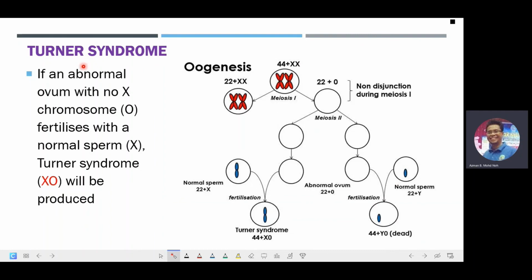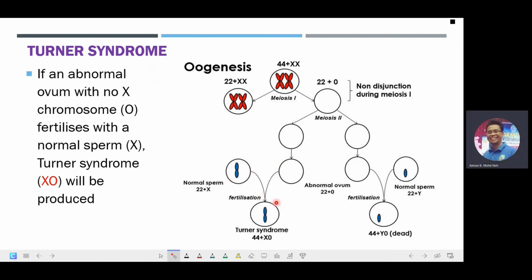Another case of aneuploidy which occurs on the sex chromosome is Turner syndrome. This occurs if non-disjunction occurs and an abnormal ovum with no X chromosome at all is fertilized by a normal sperm with the chromosome X. As you can see in this diagram, when the non-disjunction occurs during oogenesis, an abnormal ovum with no sex chromosome at all will be produced, and this abnormal ovum might be fertilized by a normal sperm having the X chromosome.